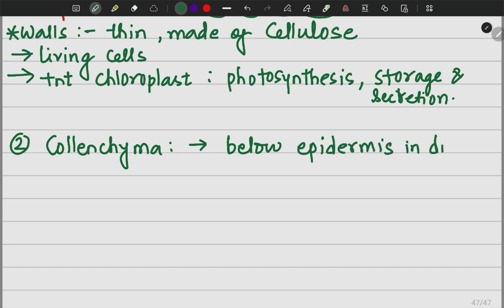So when we study the structure of dicot stem, there we will study that a layer of collenchyma, usually called hypodermis, is present below the epidermis. So the collenchyma forms hypodermis in dicots, and they can be present as a single layer or in patches.